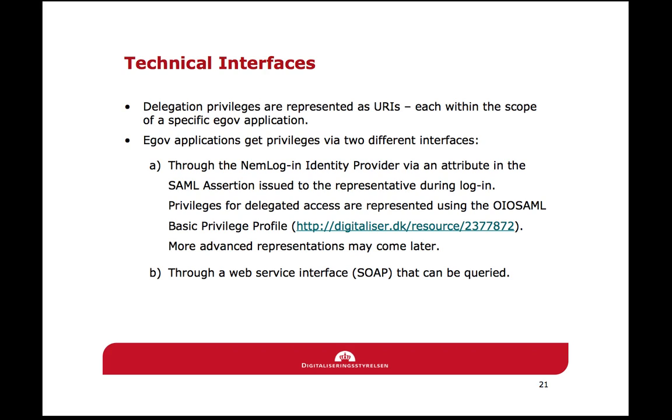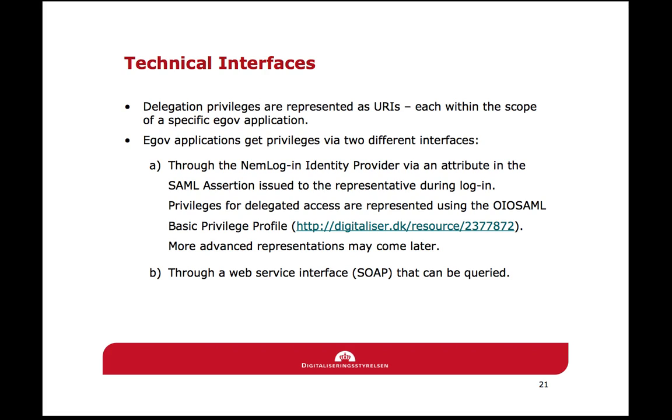So we are just putting some extra information in one specific attribute, and that attribute will of course not be understood by the SAML implementation, but it can be passed on to the eGov application or some middleware that supports that application.